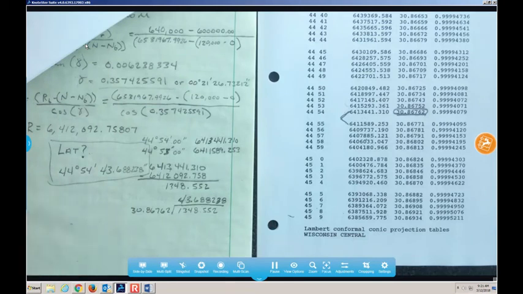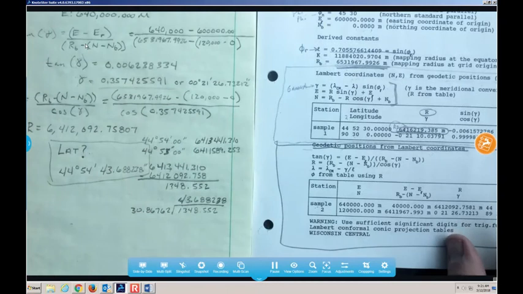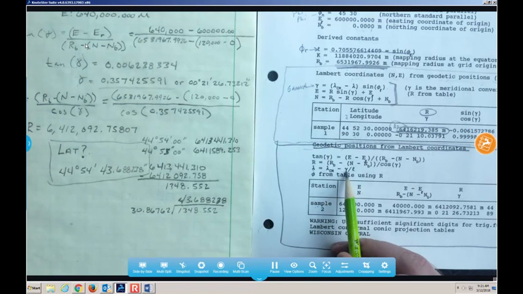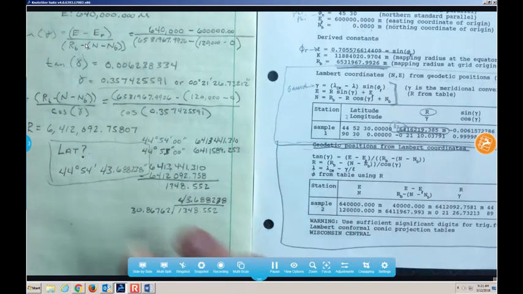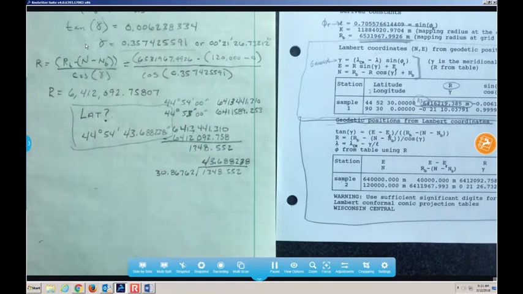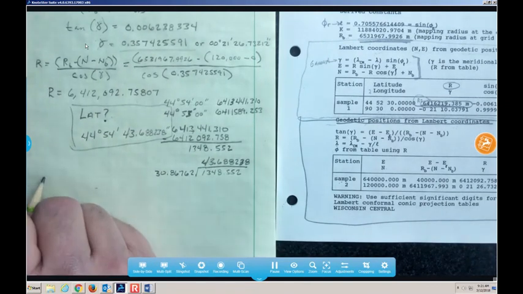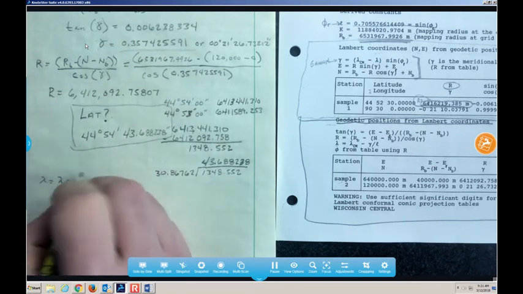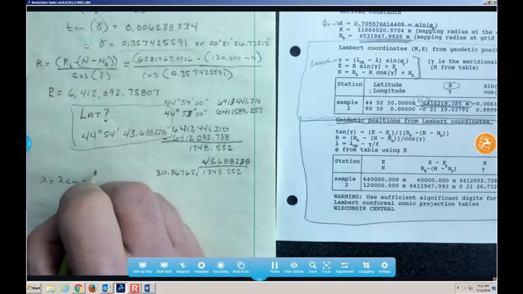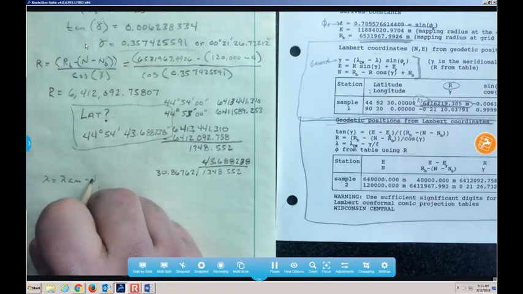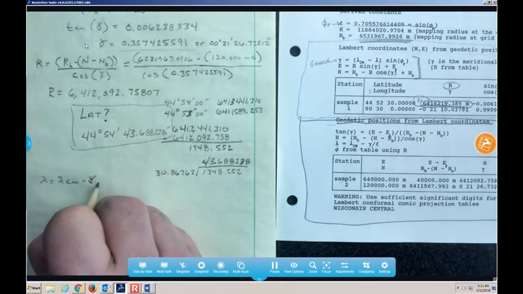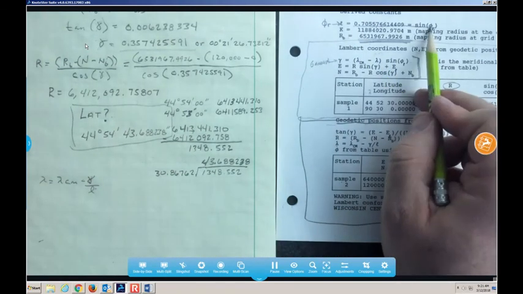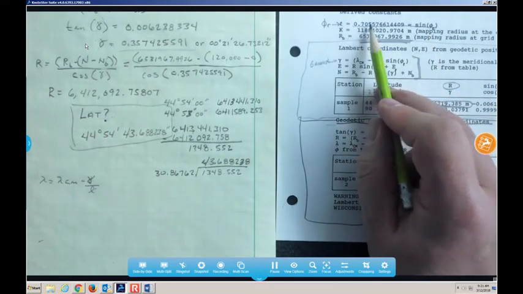The other half is to figure out lambda. Lambda equals lambda cm, which is given to us, minus gamma divided by the L that was given to us. This L is the sine of phi sub r, so it's this number here.